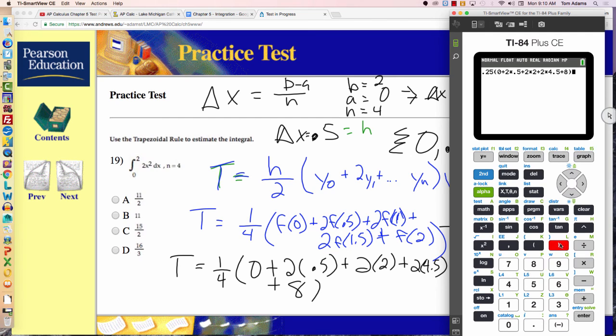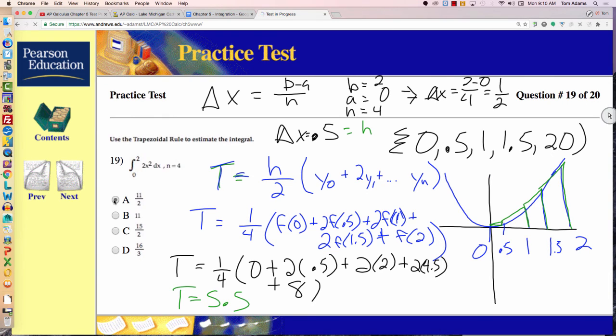Close my parentheses, double check my work. And I get 5.5. So then T equals 5.5. Alrighty, that would be the same as 11 over 2.